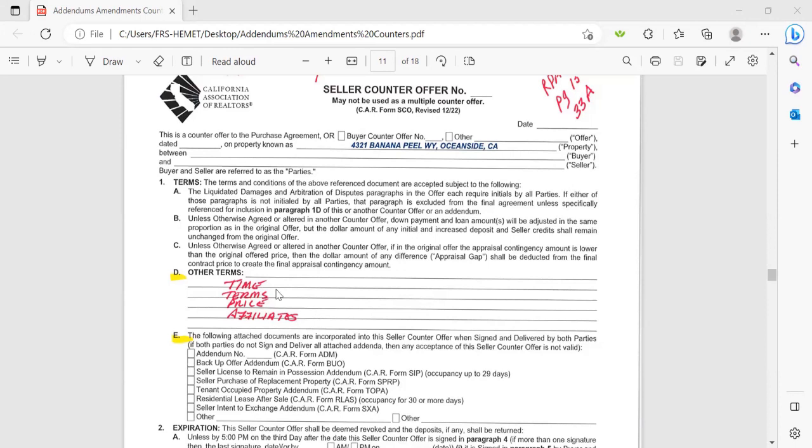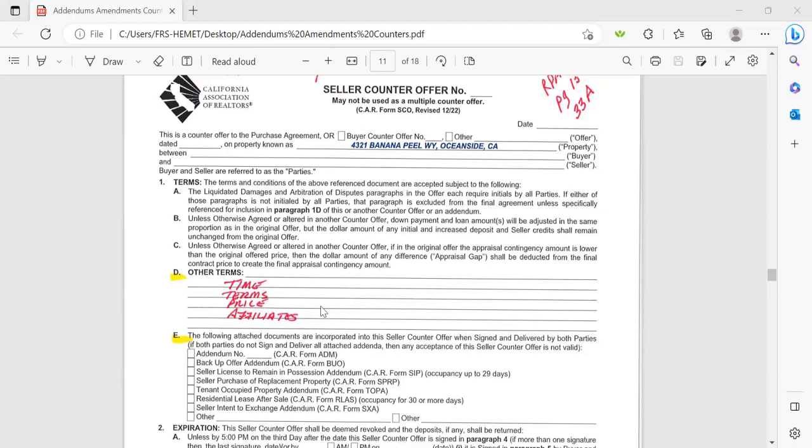Well, you offered $625. We're going to counter at $640. Different affiliates: we would like to use our own escrow company. We would like to use a different title company. Whatever those situations are, we can counter any of those. But what it's doing is rejecting their offer and changing it to incorporate some of these things.